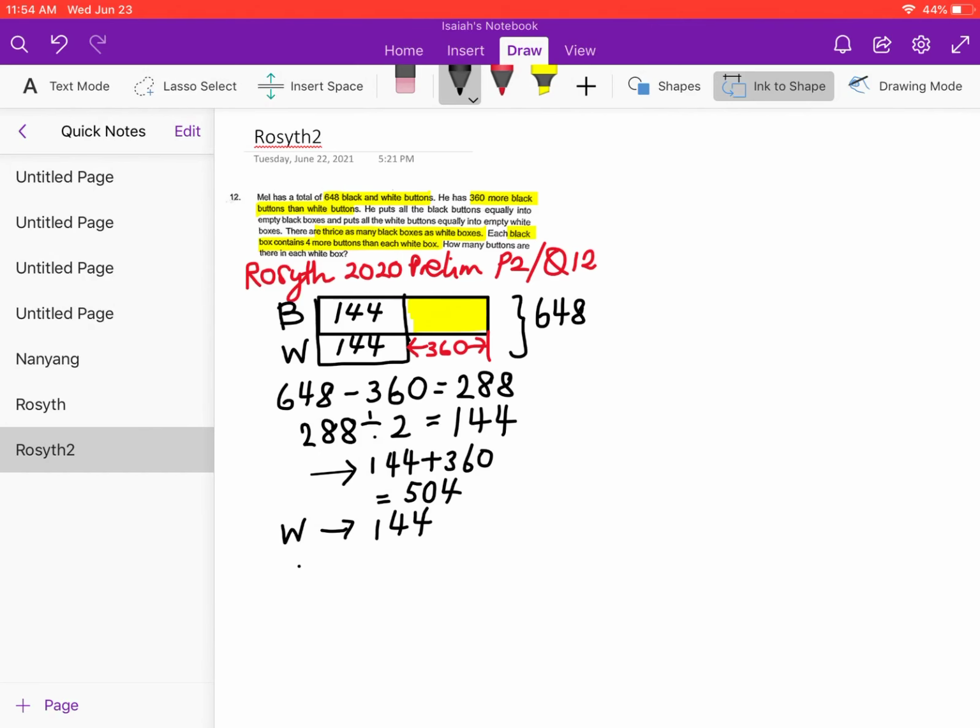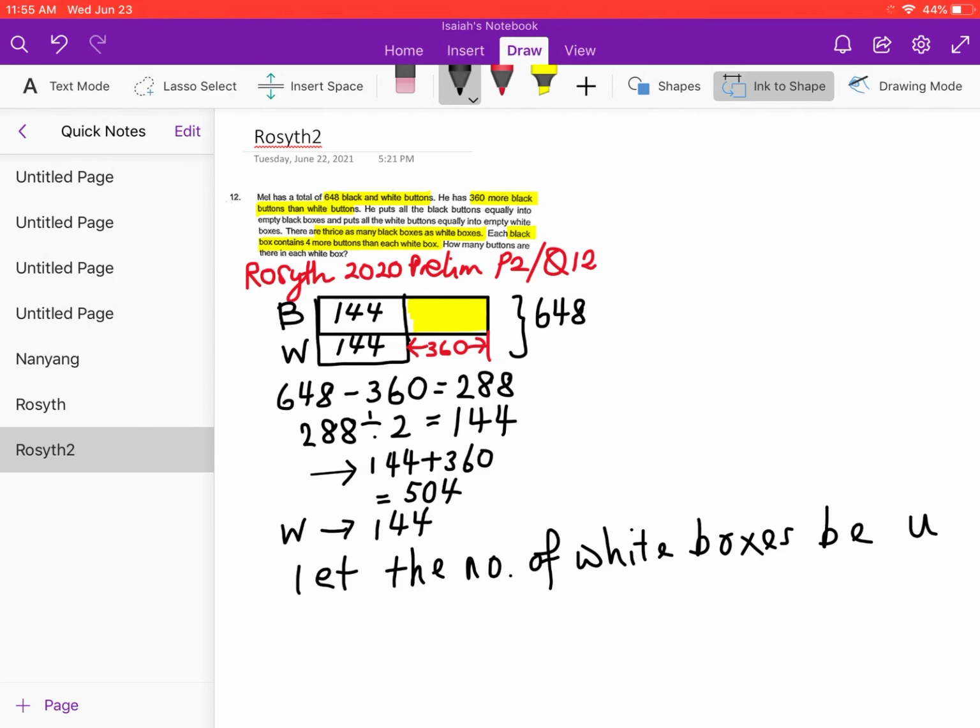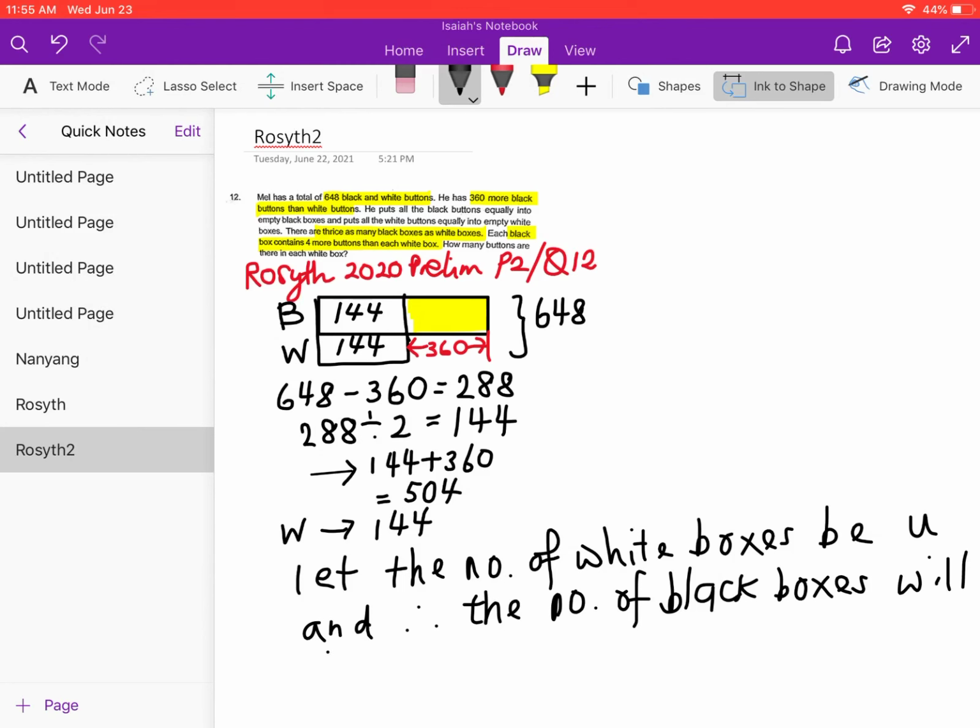So let the number of white boxes be U, and therefore the number of black boxes will be 3U, since there are 3 times as many black boxes.